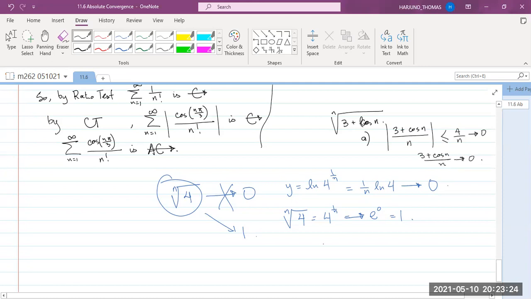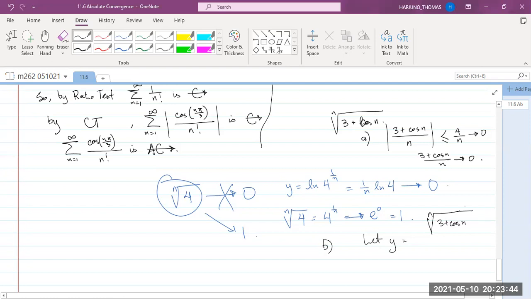Now in part B, those two questions are actually related. My main question is whether the nth root of 3 plus cosine n is convergent or not.